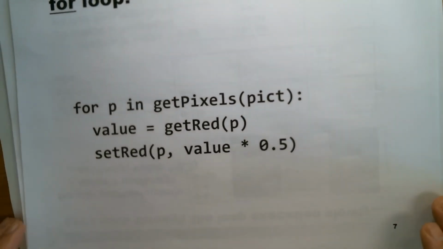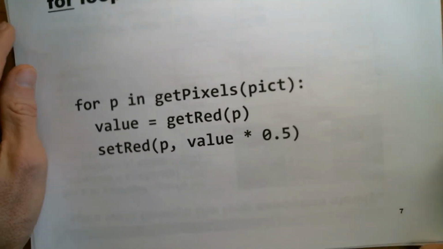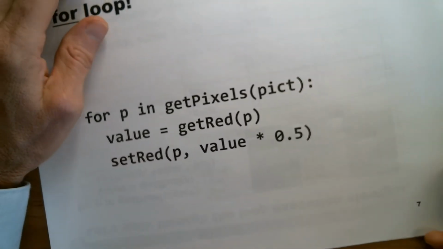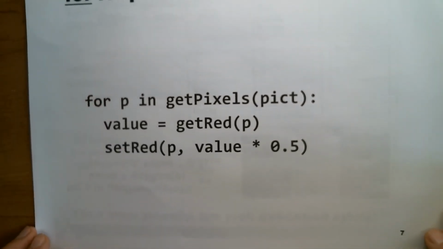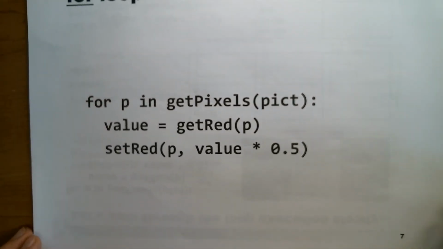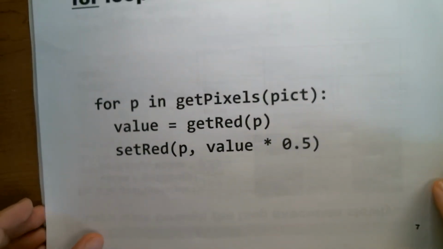This for loop is going to allow us to go through all of the pixels without having to specify them one by one by one by one. All right, so let's break down what's happening here so that we can talk about how this is set up and what you need to know.